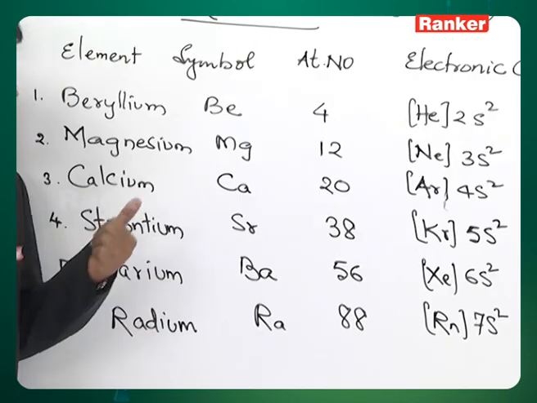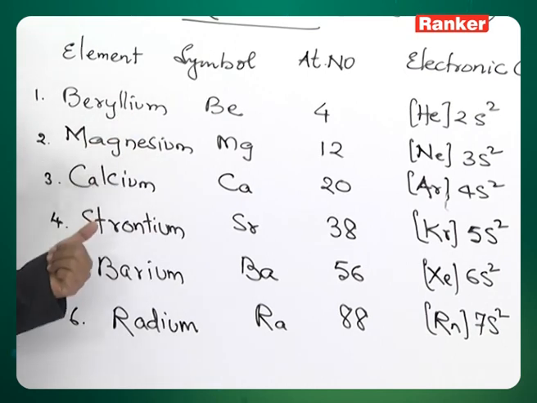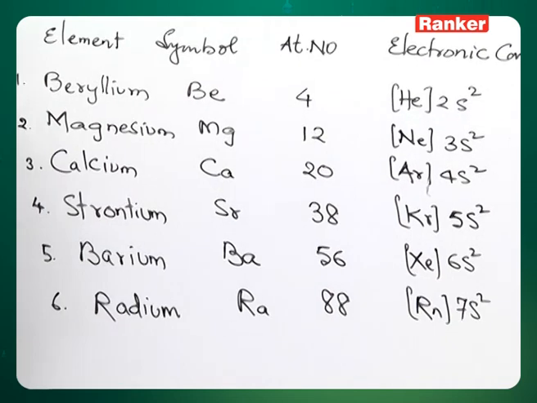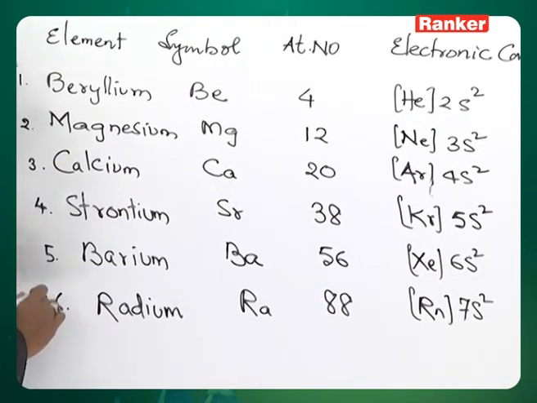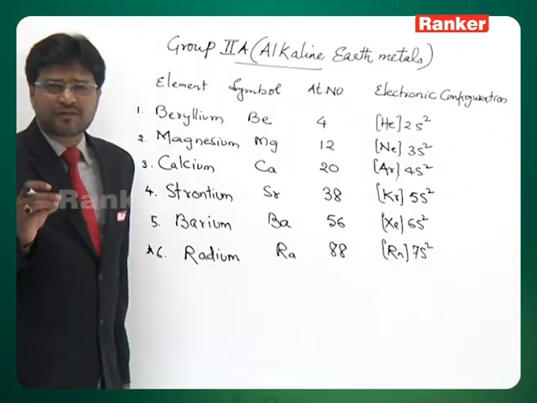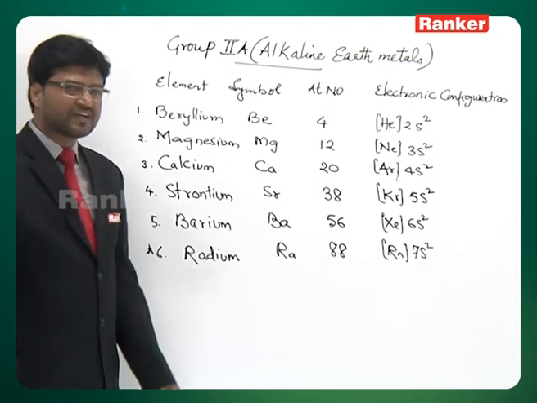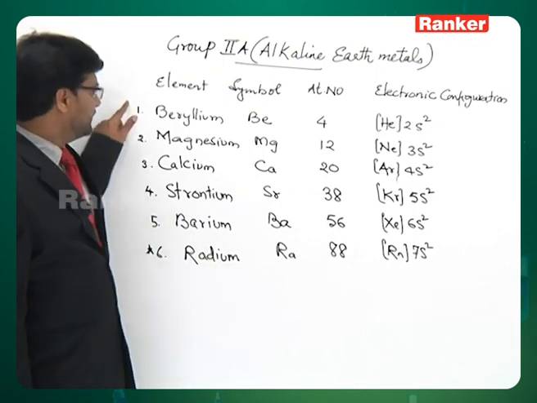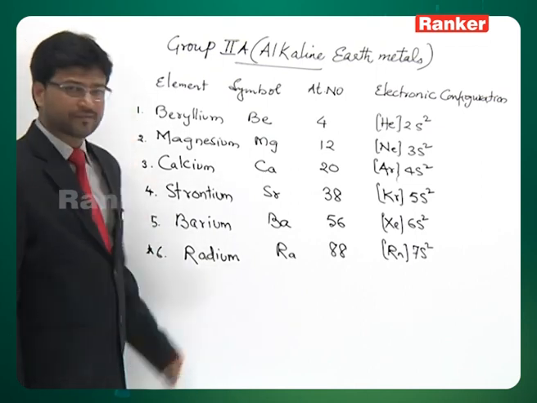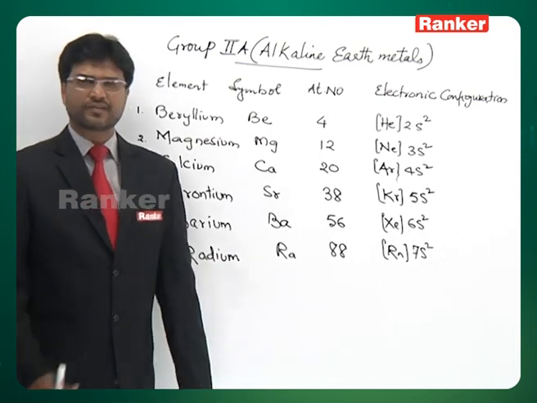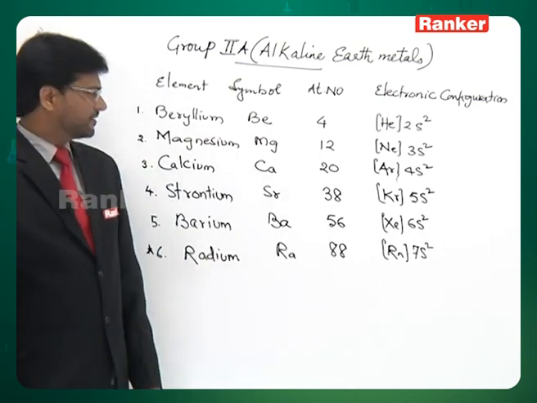Look at the list once again: beryllium, magnesium, calcium, strontium, barium and radium. Remember, one important point regarding radium is that it is a radioactive element. So when we talk about most of the physical and chemical properties of these elements, we'll be dealing with elements up to barium. Radium is not considered because its radioactive properties are more important than its physical or chemical properties.